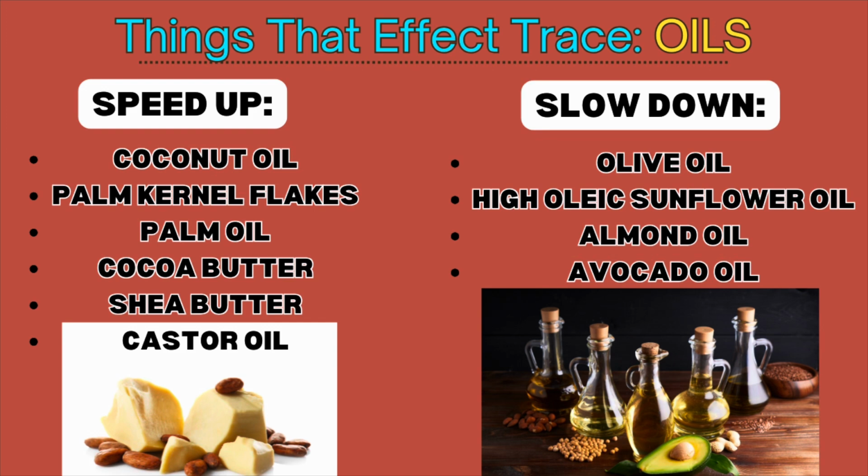And the oils that typically slow down trace are those soft oils. So again, olive oil, that high oleic sunflower oil, almond oil, avocado oil. So those are some common oils as well that will affect the trace of your recipe.